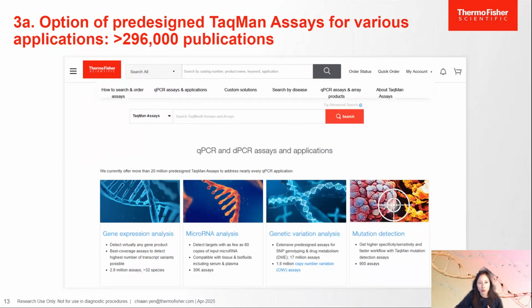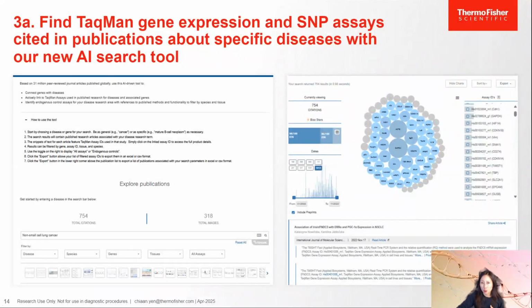And we recently launched an AI search tool that improved that experience. This only applies to the gene expression and single nucleotide polymorphism assays. This new AI search tool allows you to make connections between genes and diseases.